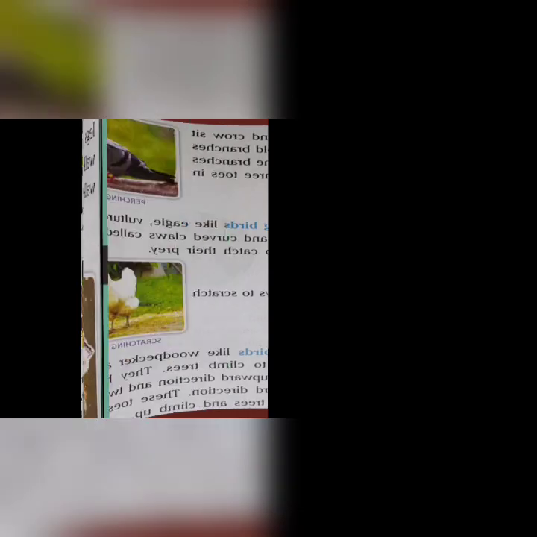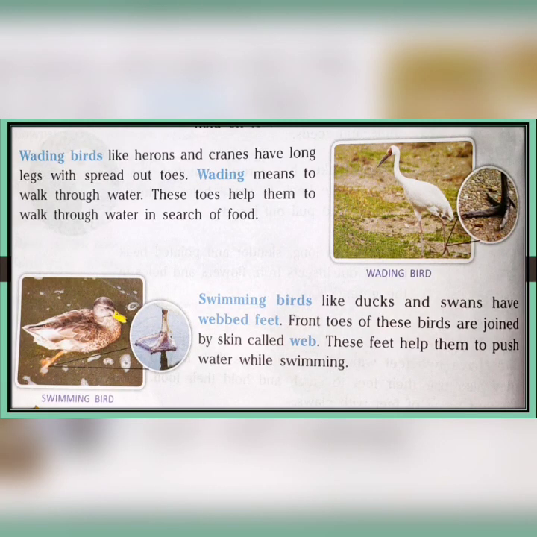Now, next about wading birds. Wading birds have long legs with spread out toes like this. That means there is much gap between 2 toes. And wading means what? To walk through water. Their toes help them to walk through water in search of food.